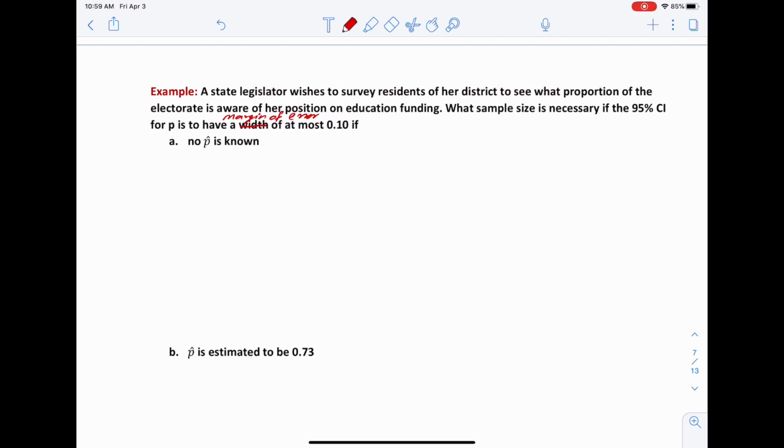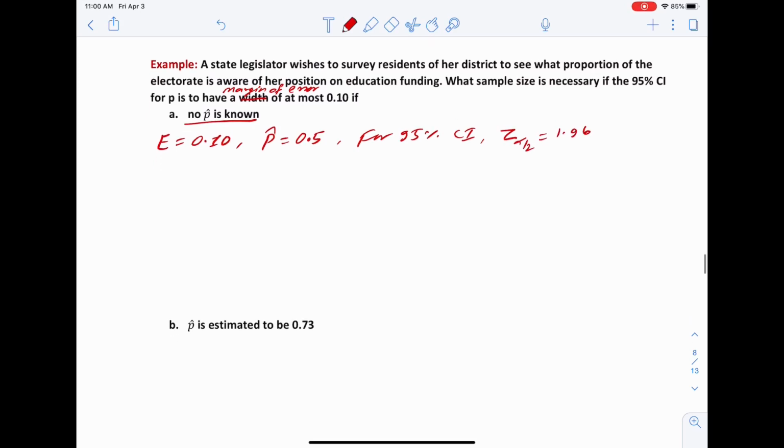Now here the error term is at most 10%, so simply we can take 0.1, and p hat, since this is unknown for this first problem, we can pick 0.5, and for the 95% confidence interval we can take the z value as 1.96.